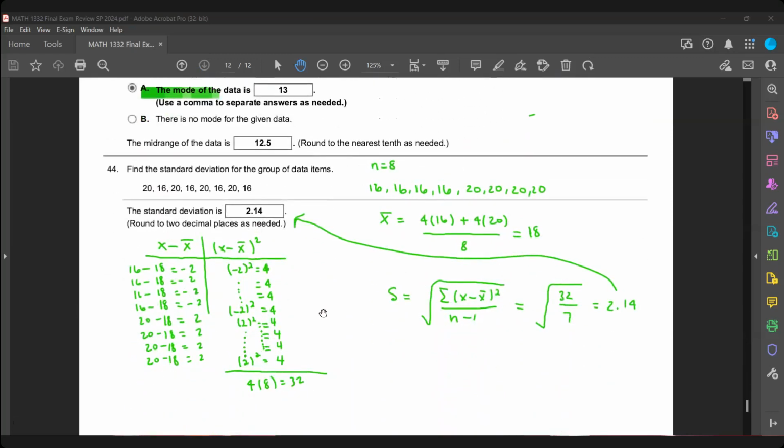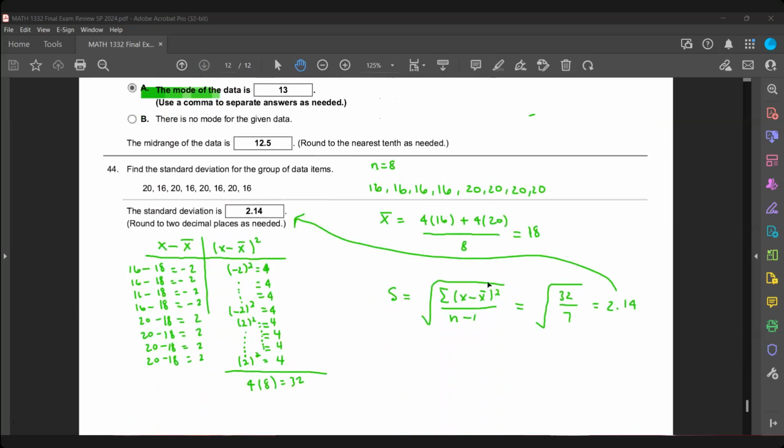Finally, number 44, we want to find the standard deviation for this group of data items. There's 8 of them, and luckily, it's only the numbers 16 and 20. The standard deviation is given by this formula here.